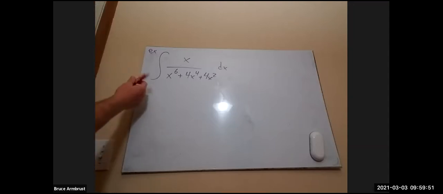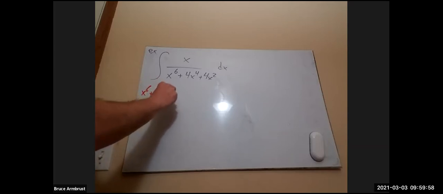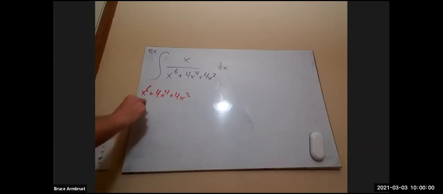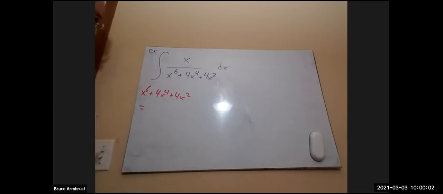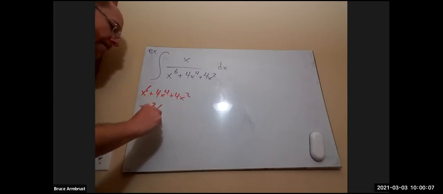All right, so step number 1 is let's factor this denominator. So hopefully you guys all see that there's an x squared in common. So let's pull out that greatest common factor.